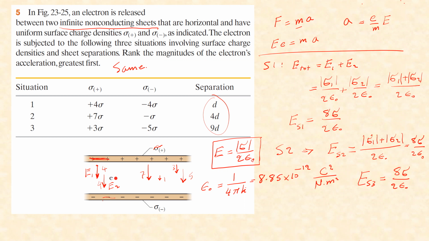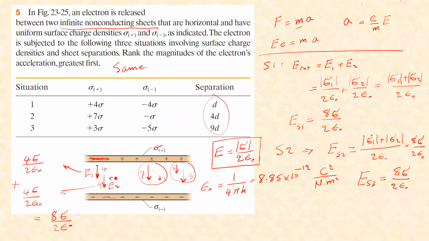This one is 4 sigma over 2 epsilon naught, and this one is also 4 sigma over 2 epsilon naught. They add up. This plus that becomes 8 sigma over 2 epsilon naught. And in this case also they add up to 8. In this case also they add up to 8.